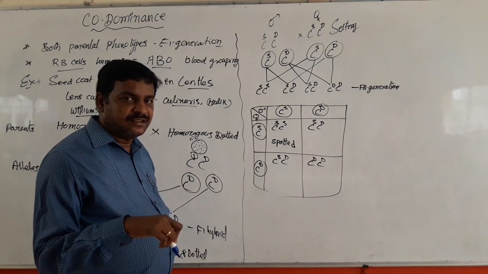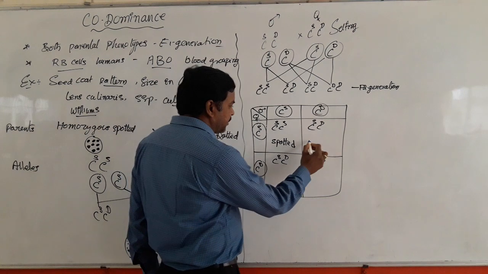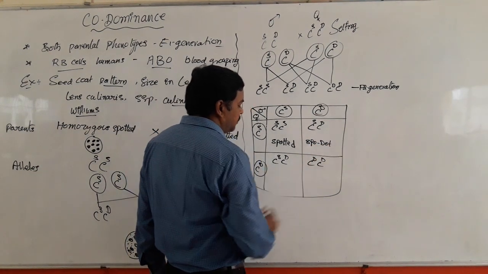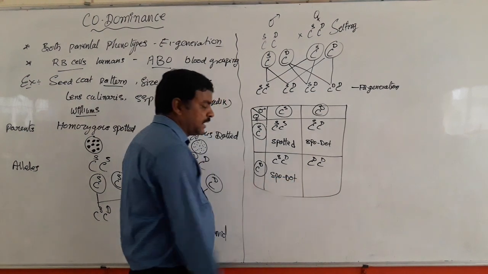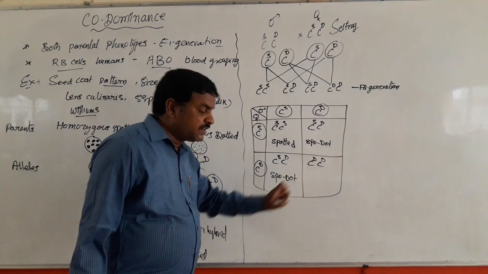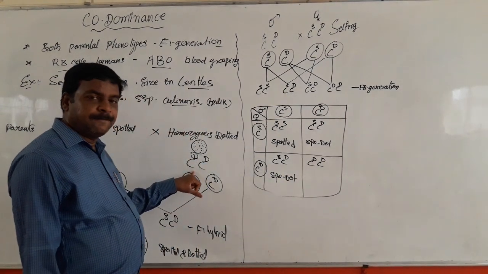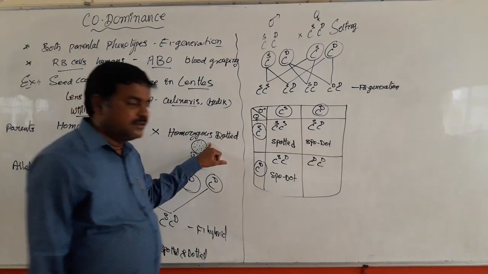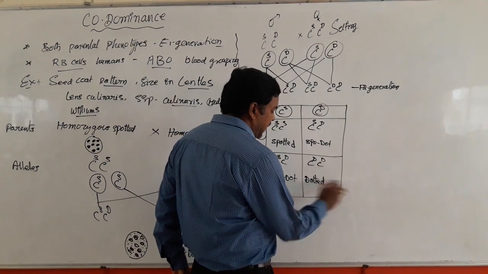This is heterozygous, and it is represented by both spotted and dotted characters. But what about the fourth plant? This fourth plant is CD CD, homozygous dotted.